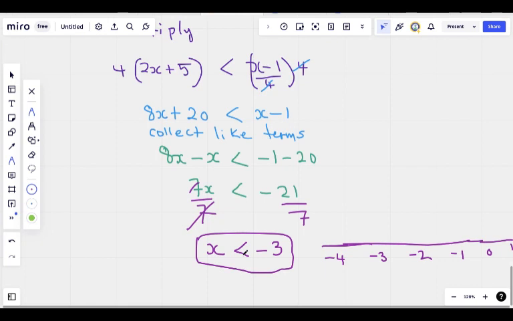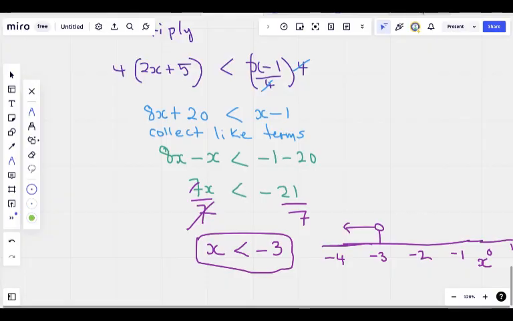The question is x is less than negative 3. So you go to negative 3 here. X is less than it, so you go this way. This is our number line. This is the x-axis. So x is less than negative 3. This is the number line in case you're asked to do that.